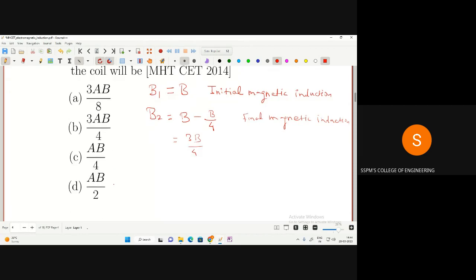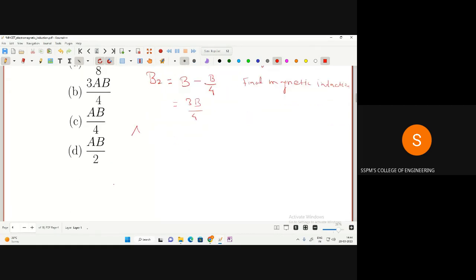Then find delta B. The delta B is equal to B1 minus B2, or B minus 3 by 4 into B, where the initial magnetic induction is B and the final magnetic induction is 3 by 4 B, and it will be 4B minus 3B divided by 4, which is B by 4. The change in magnetic induction is B by 4.